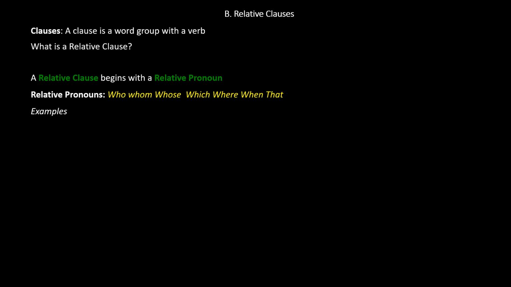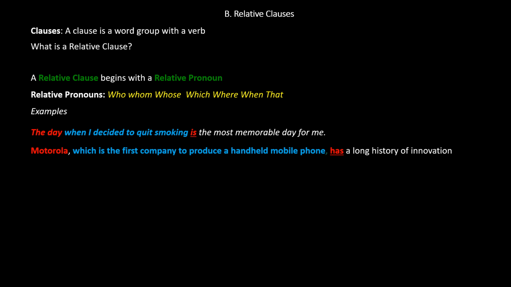Let us look at this example. The day when I decided to quit smoking is the most memorable day for me. In this sentence, the modifier is a relative clause, that is, when I decided to quit smoking. Now let us look at one more sentence. Motorola, which is the first company to produce a handheld mobile phone, has a long history of innovation.